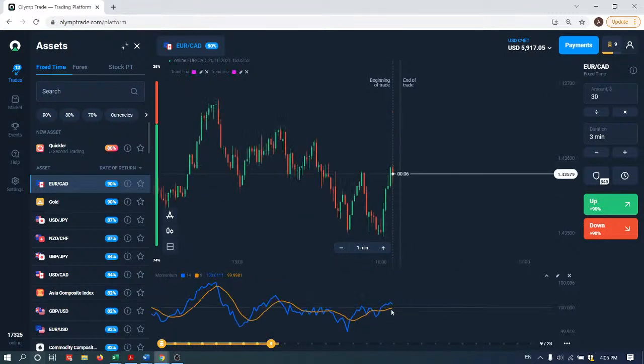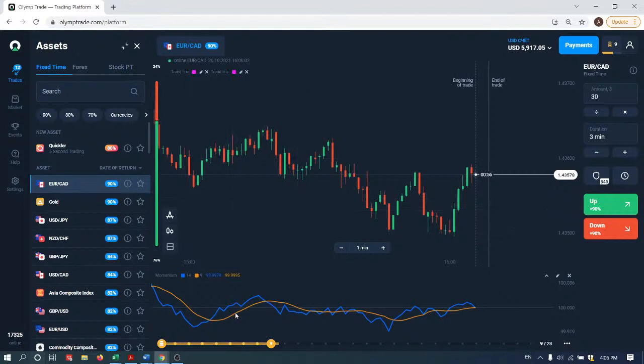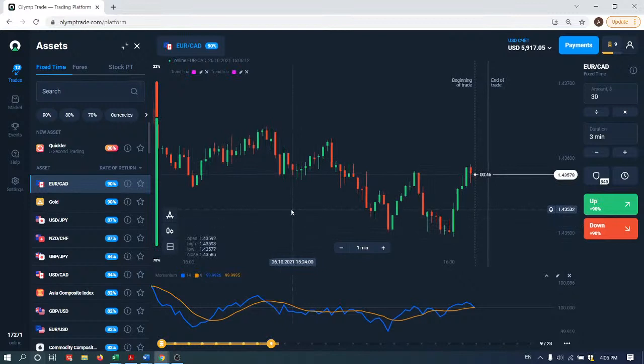This is the 100 line, and when the orange line crosses this line from bottom upwards, like kind of here, this is the moment for opening trades in the upwards direction, and vice versa. When the crossing happens from top to bottom, then it's the moment for down trades.